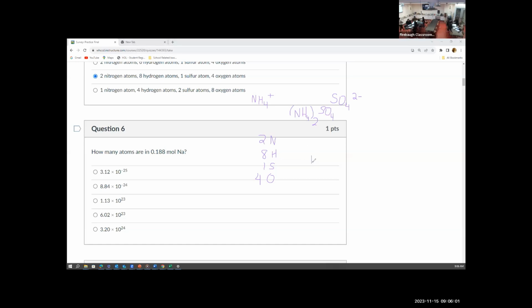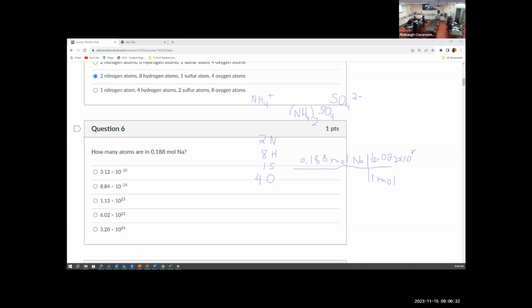We know that we have 0.88 moles. For every 1 mole, because we want to get rid of moles, we know that we have 6.022 times 10 to the 23rd. So that's why I didn't understand how you got 10 to the negative 23rd.